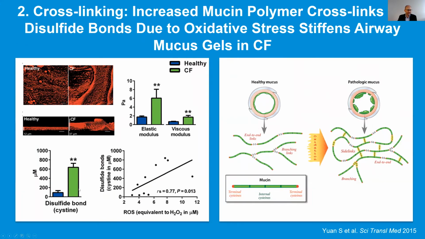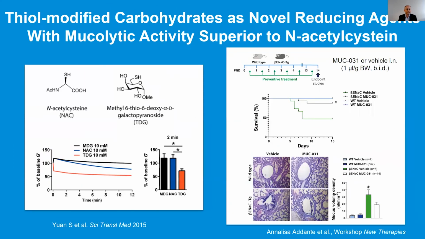They contain an increased concentration of cysteines and disulfide bonds, and these disulfide bonds correlate with reactive oxygen species, leading to the concept that oxidation of the cysteines leading to excess disulfide bridges leads to increased cross-linking. That is another key problem in CF mucus.